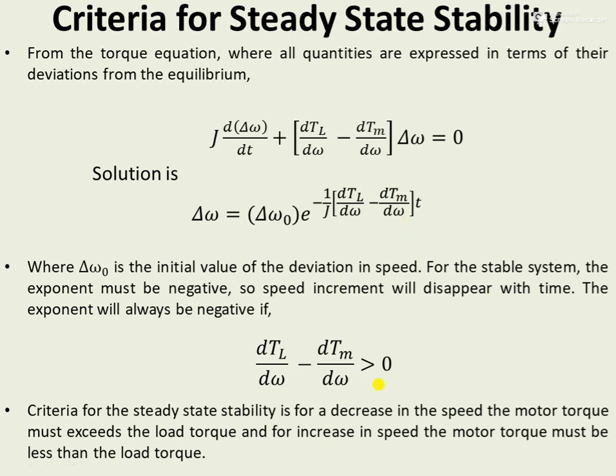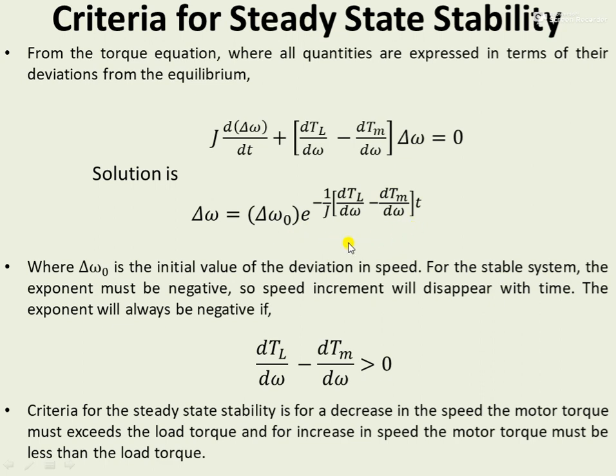From which we can state that the steady state stability condition can be achieved only if the slope of the load torque characteristics is greater than that of the motor torque characteristics. So that is the condition, or the particular criteria, for steady state stability.